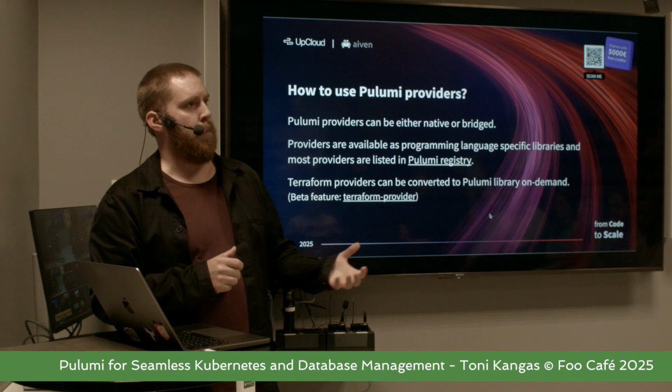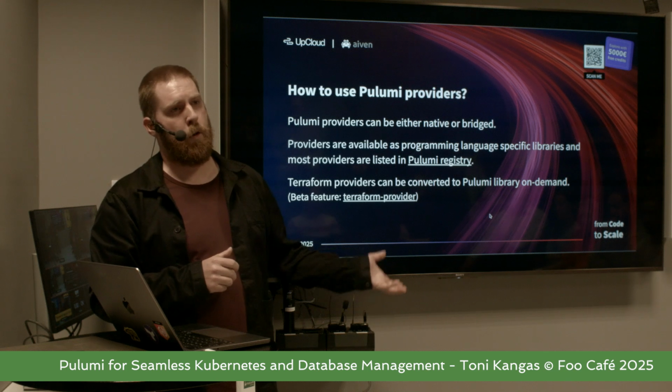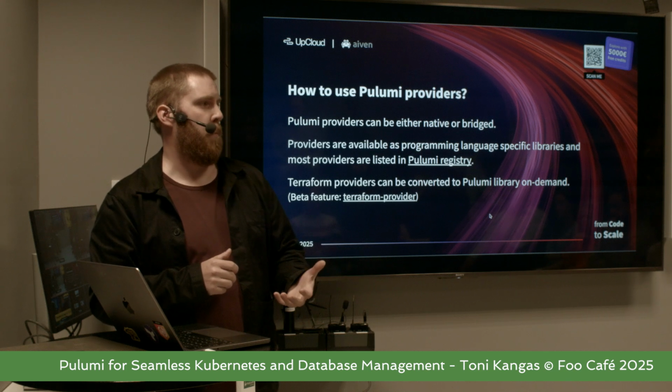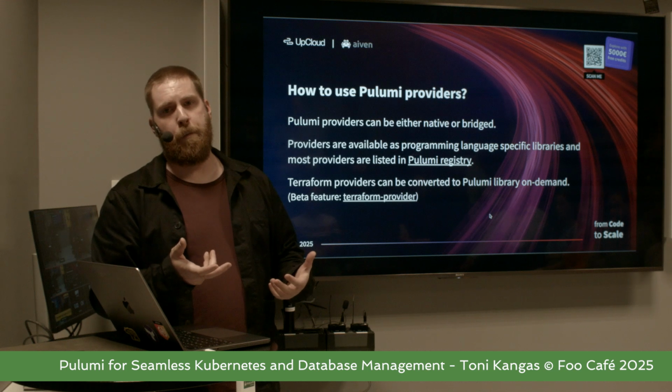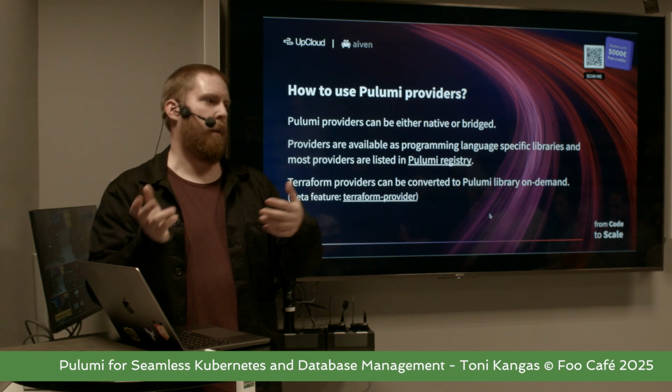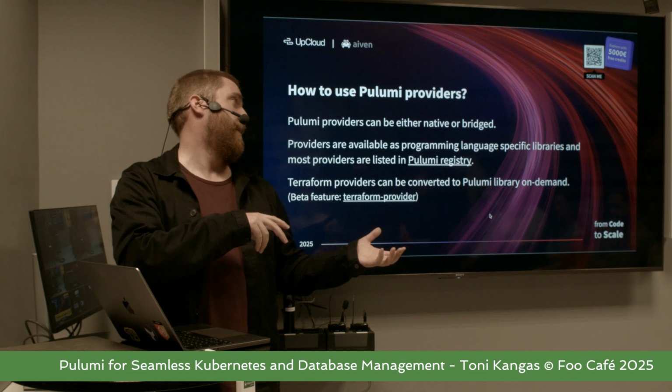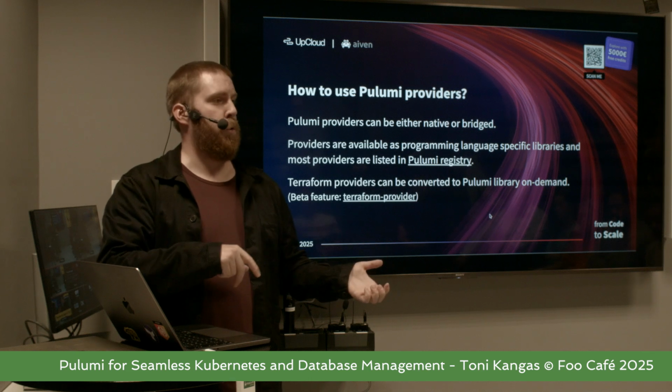We get all the resources we have in Terraform, all the data sources we have in Terraform, and all the examples we have in the Terraform provider are automatically converted into the programming language codes.